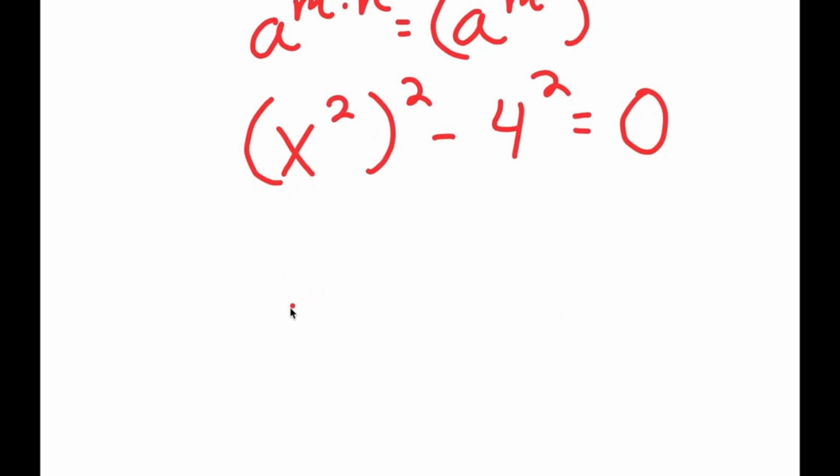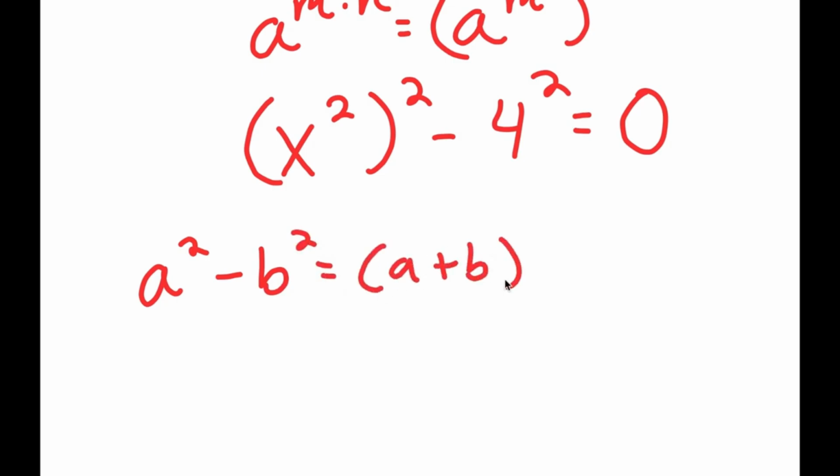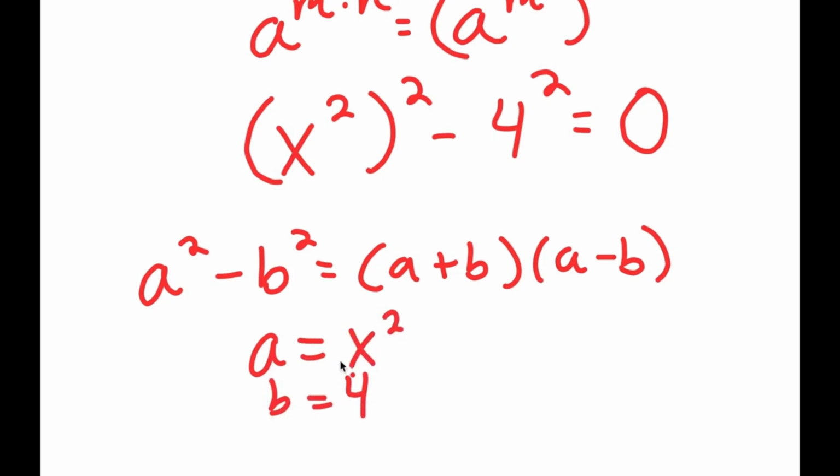Now, if I have something in the form a squared minus b squared, this is equal to a plus b times a minus b. So in this case, a is x squared and b is 4.